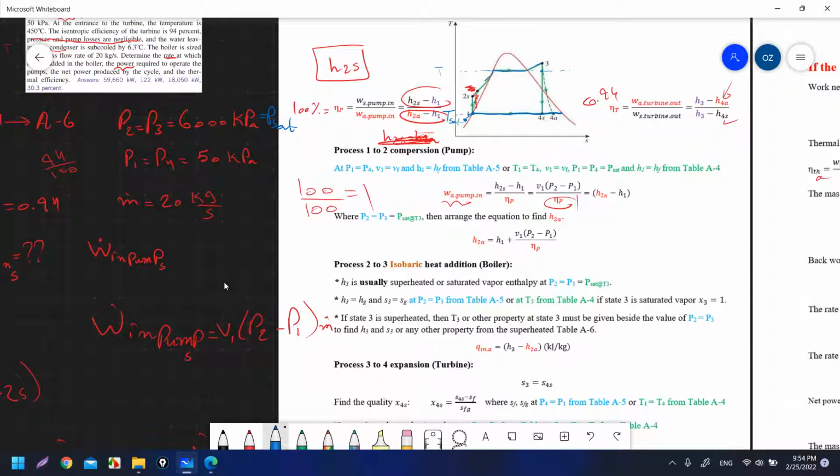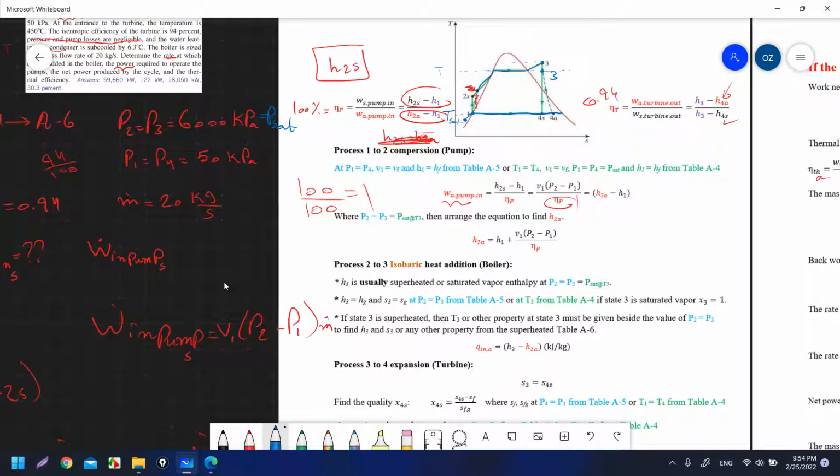The pressure is this one, so you will follow the pressure. You cannot say that I will go like this in the same line and this will be point 3. No, you always follow the pressure line. So state 3 will follow the pressure line and will be right here, and here you don't have the temperature.